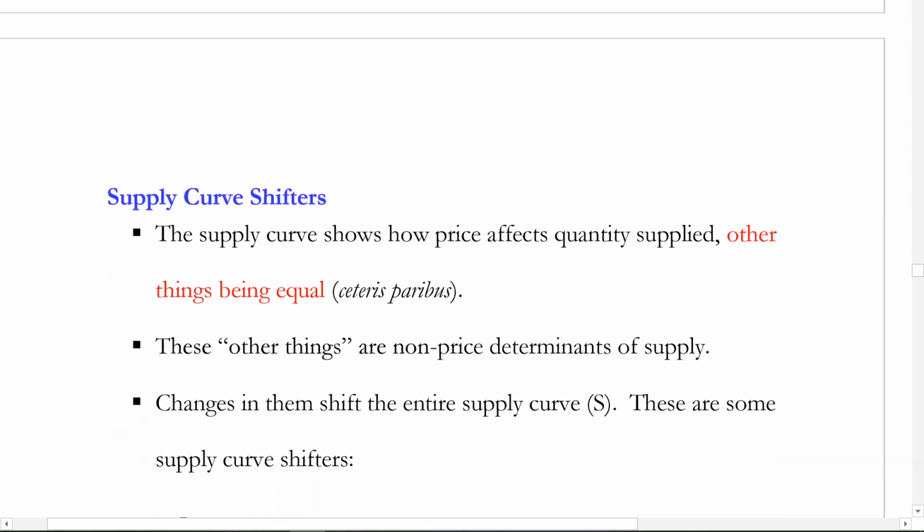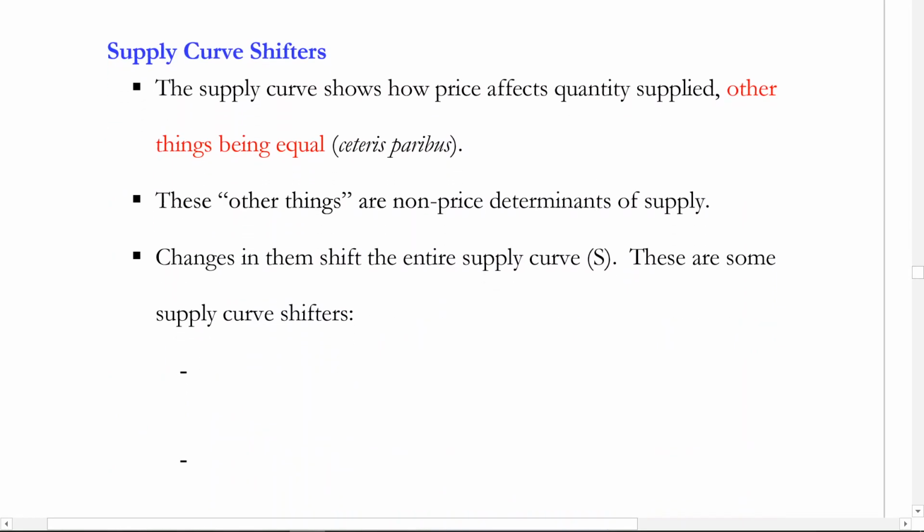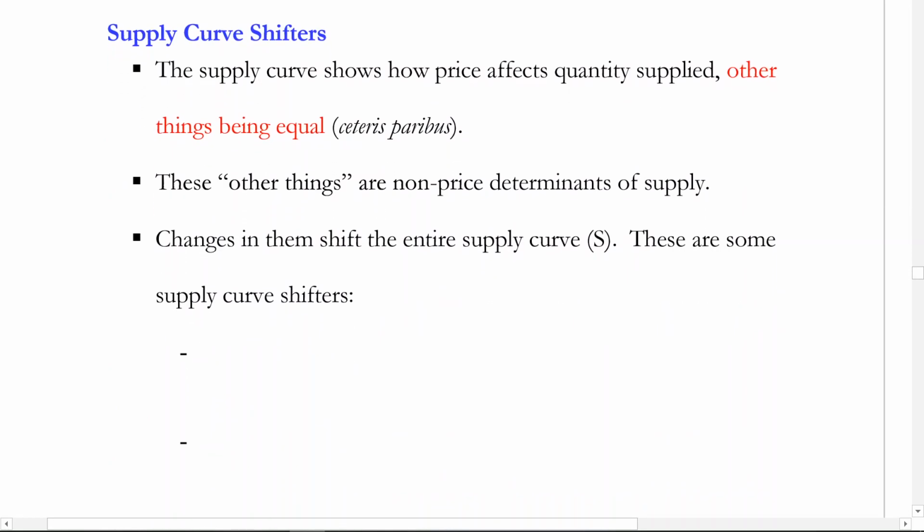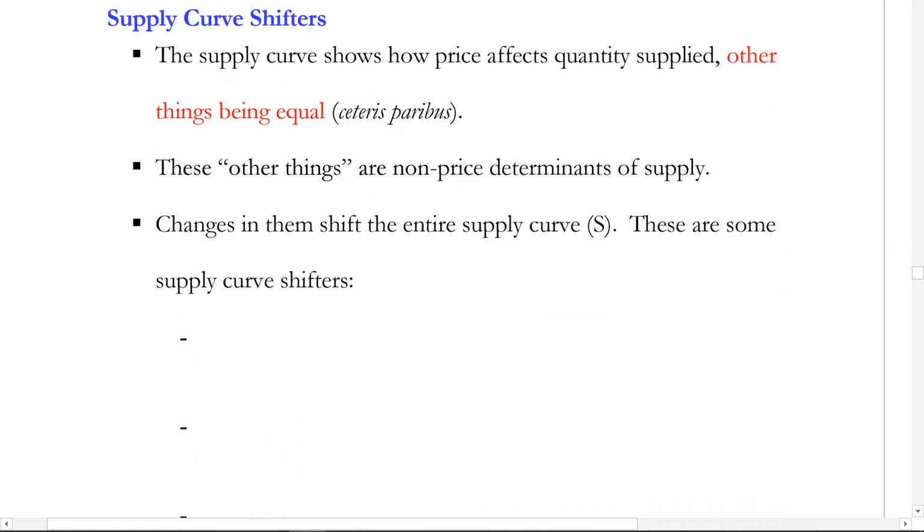Okay, so again, just as with demand and looking at demand curve shifters, we're going to look at supply curve shifters. When everything else is not equal, the non-price determinants of supply are going to shift the entire curve. So again, maybe pause the video for a second.